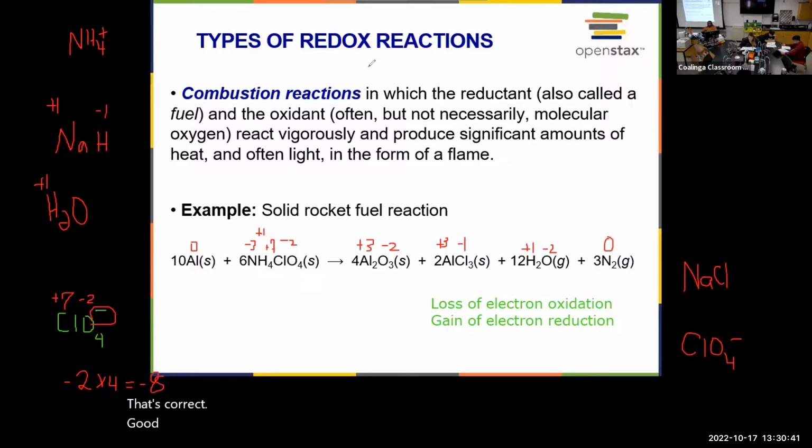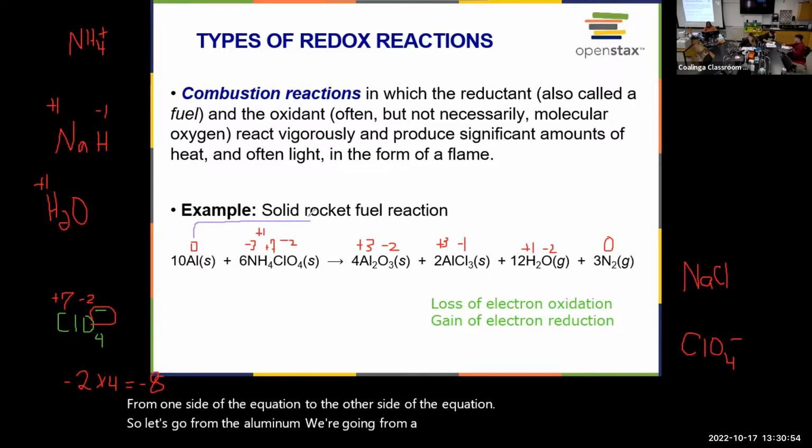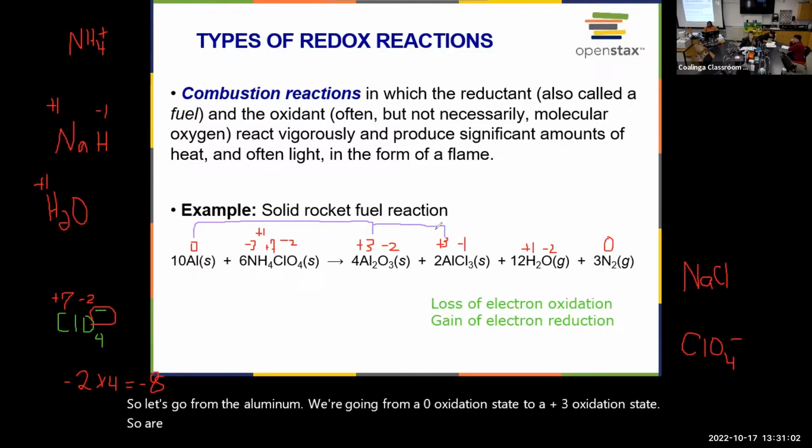Okay, now that we've got this laid out, if we take a look from one side of the equation to the other side, let's go from the aluminum. We're going from a 0 oxidation state to a +3 oxidation state. Are we losing electrons or gaining electrons?